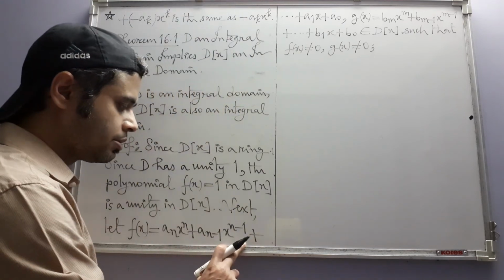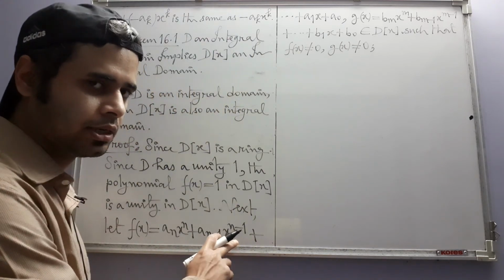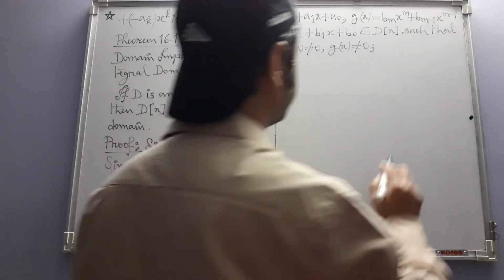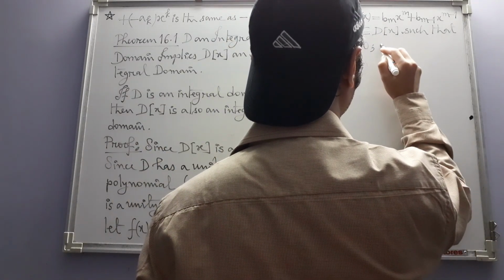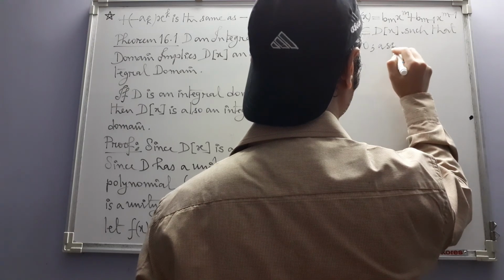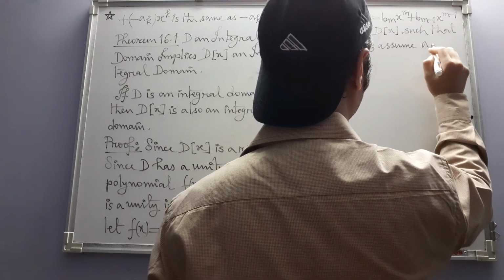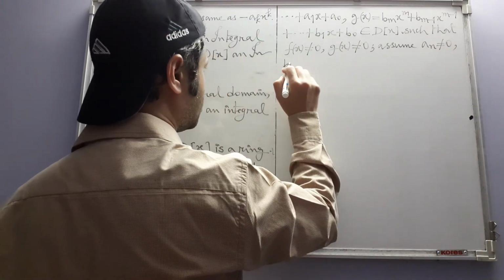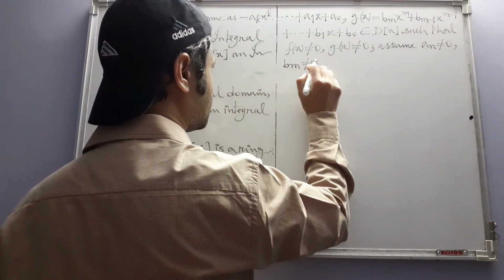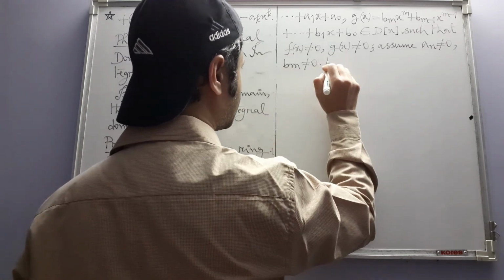And that first non-zero term will be the leading coefficient. Assume a_n to be non-zero and b_m to also be non-zero.